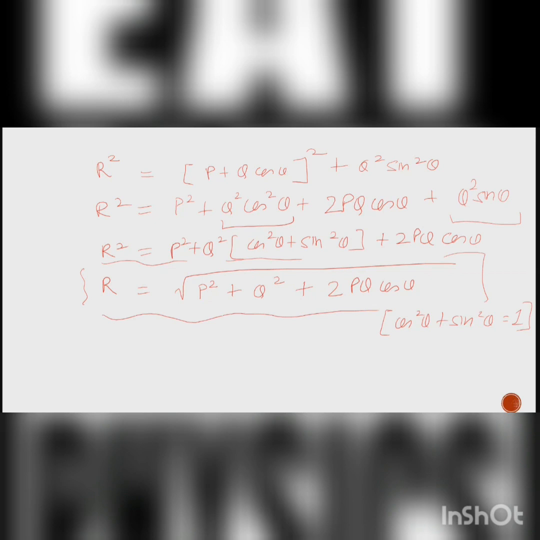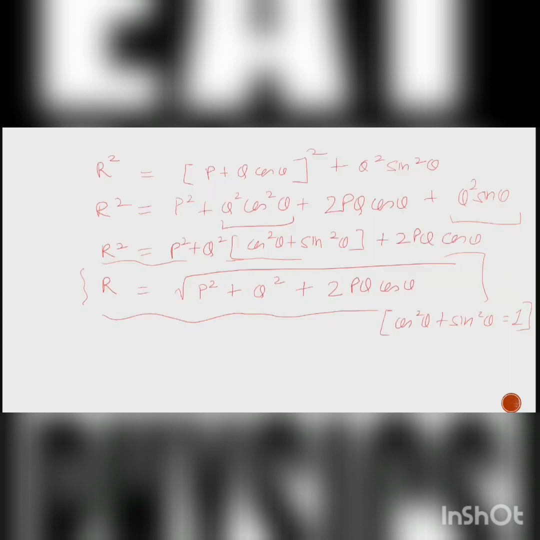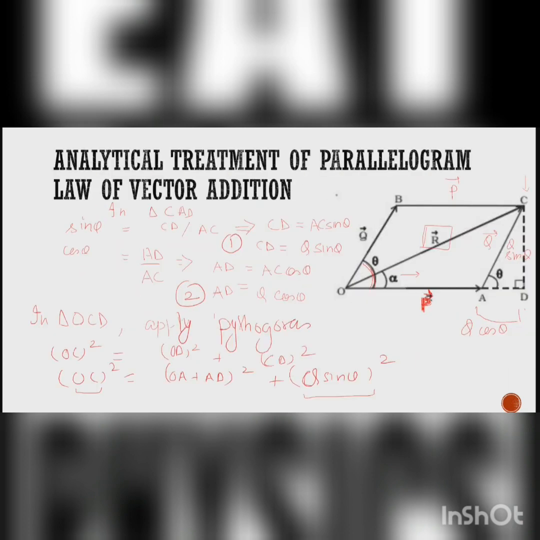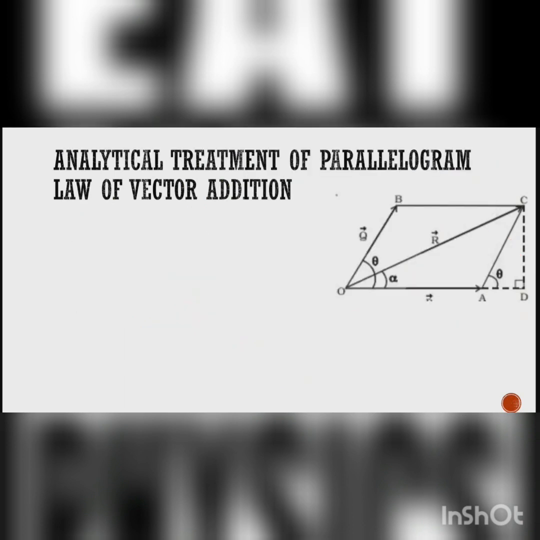Now if I want to find out the direction of this vector, so what would be the value of tan alpha in triangle OCD? Tan alpha is perpendicular upon base, so it would be CD divided by OD.